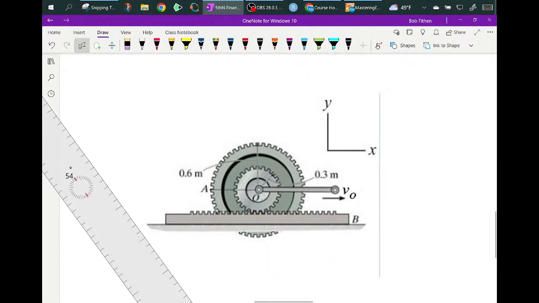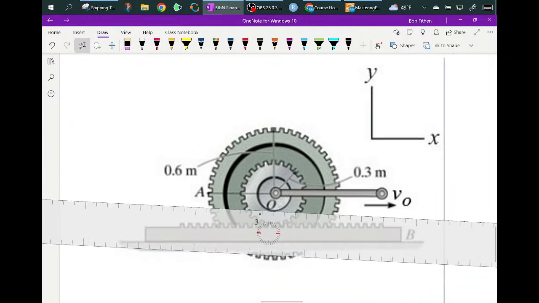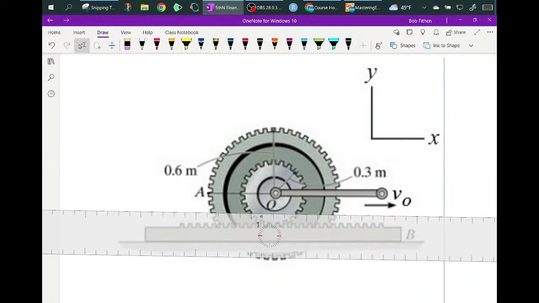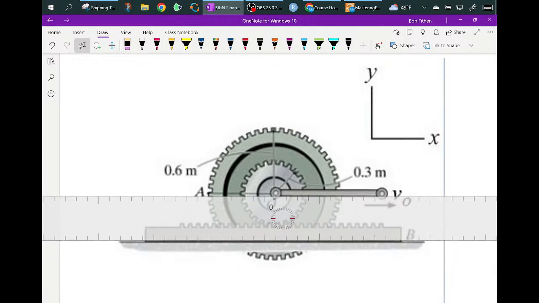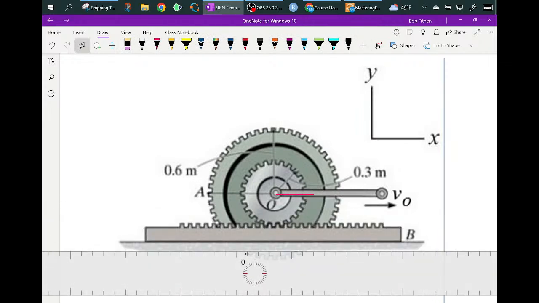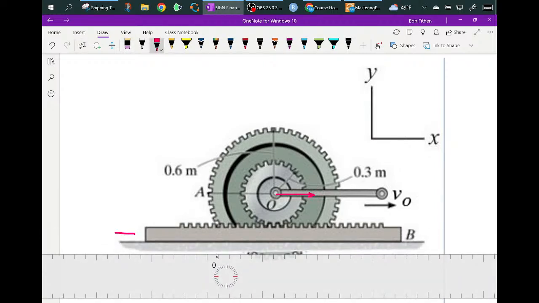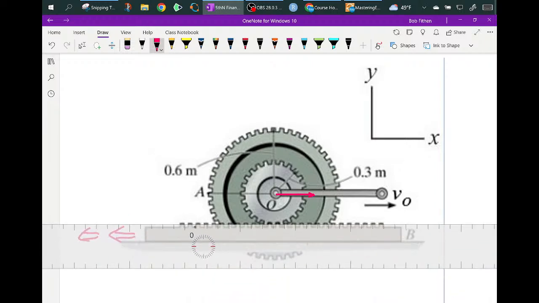Let's assume velocity is to the right. Say it's to scale. This time we drag the rack back to the left, so it's going to the left with the speed.